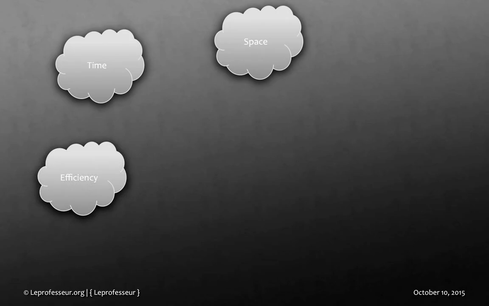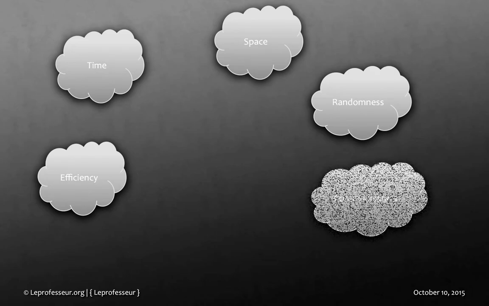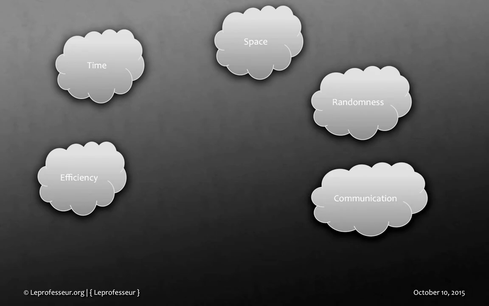Also, we are concerned with efficiency. We are also concerned with randomness, whether there is any way we can make use of randomness, pseudo random numbers and whatnot. There are also certain aspects of communication theory. Say, for example, your friend is living in China and you are living in the United States, and you are transferring information.